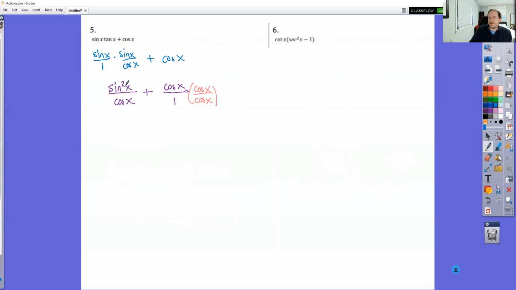So by doing that, I can now bring down sine squared x over cosine. And then this will be cosine squared over cosine. And hopefully you guys remember the rules for adding fractions, which is you add the numerators.